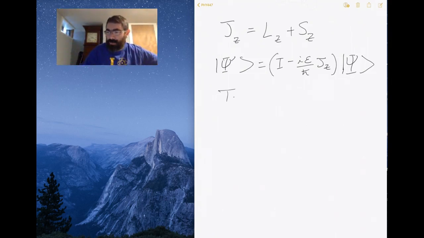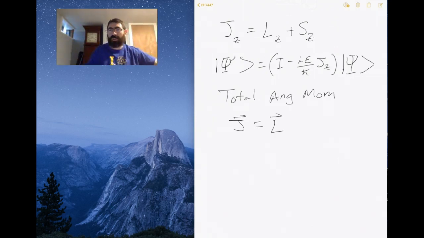The total angular momentum would be J with a vector arrow on it, the total angular momentum vector, plus the spin vector right here. Since J is a total angular momentum, it should operate like an angular momentum.